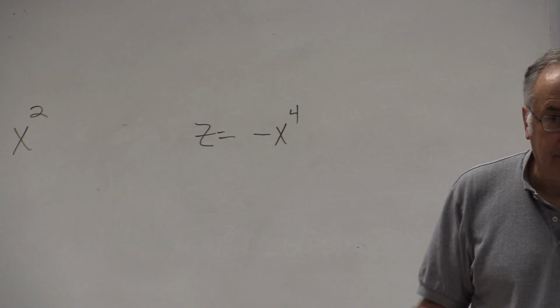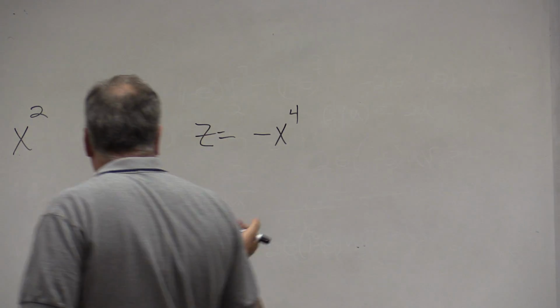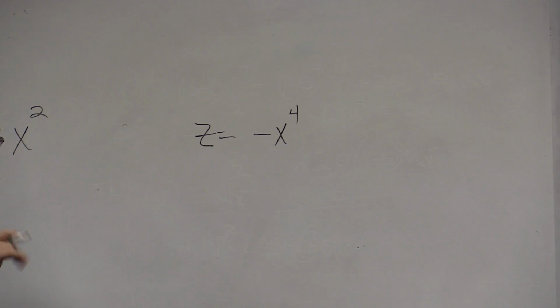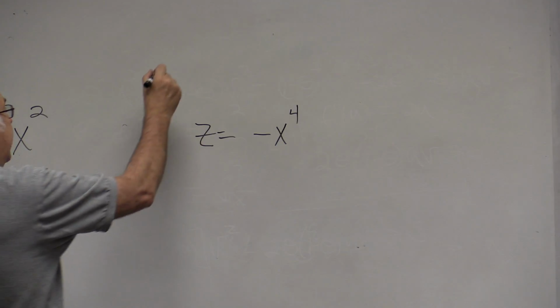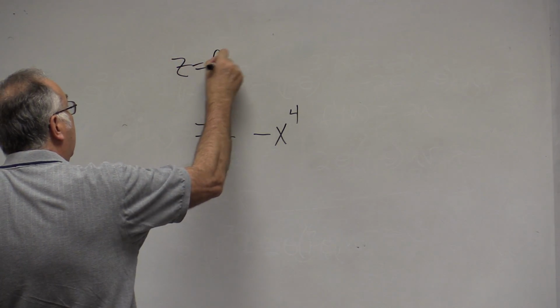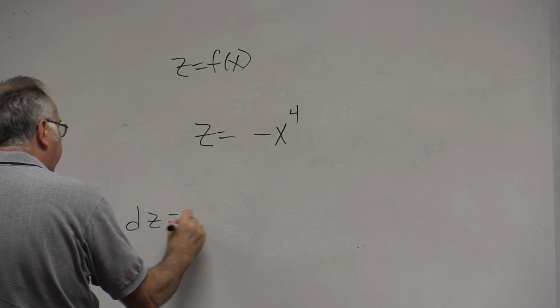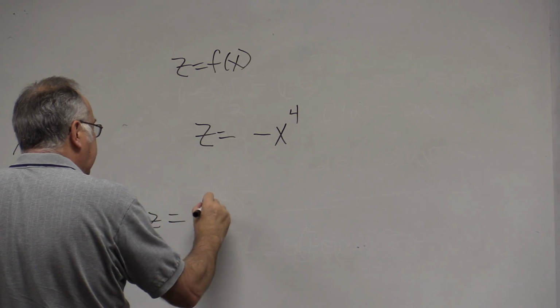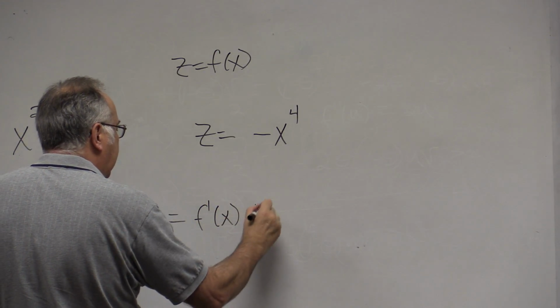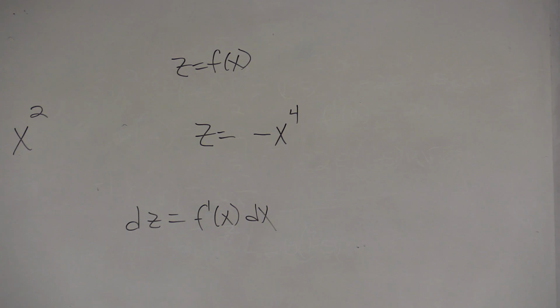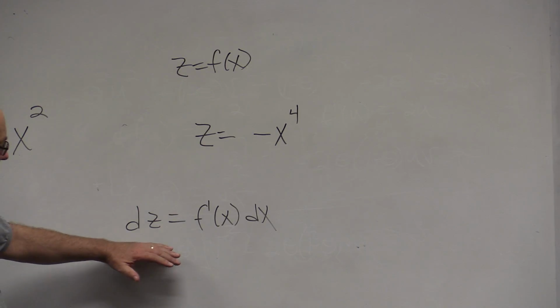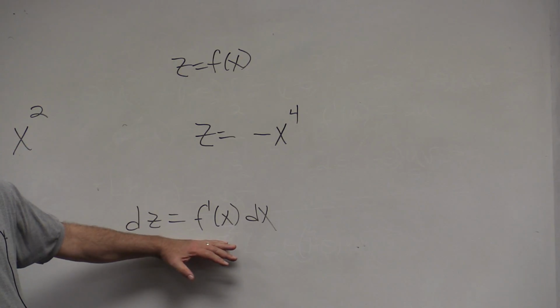The first order total differential, you recall, see, Z is just a function of a single variable here, x, so this is going to be easy. So dz, the first order total differential, is just f prime of x dx. If you just have one variable, the total differential dz is just the derivative times dx. Okay, if you divide both sides by dx, notice you get dz dx equals f prime of x.